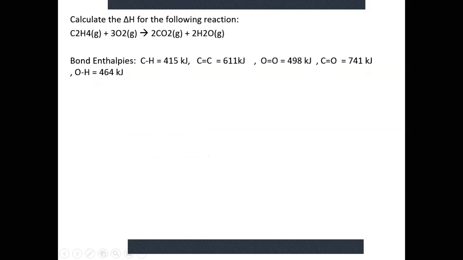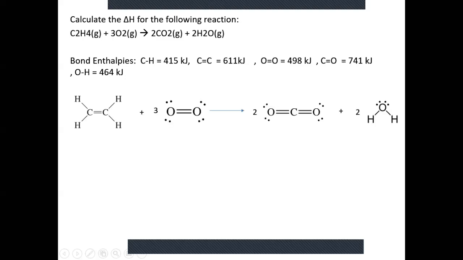Let's look at one more example. Here we have a combustion reaction. Again, the bond enthalpies for the individual bonds are these. We need to draw out the Lewis structures of all the reactants and products. So it looks something like this.